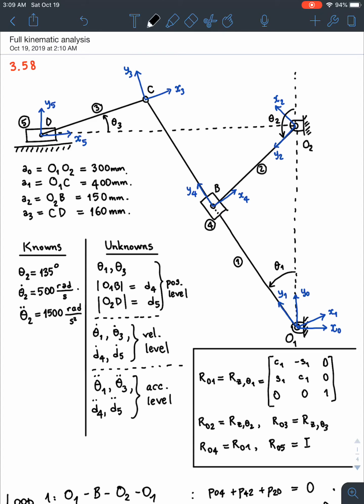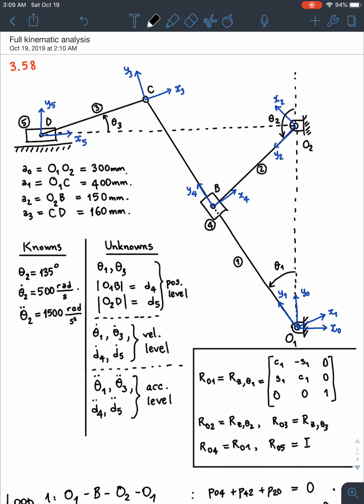While we are here, let's look at the vector that goes from the origin of the third frame to the origin of the fifth frame, and that vector is fixed in the third frame. So when I take that derivative, I really would like to take that derivative in the third frame. So use the differentiation in two frames formula accordingly.